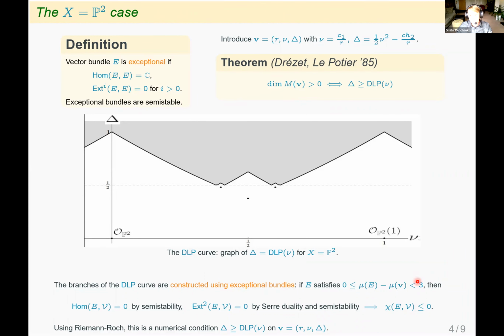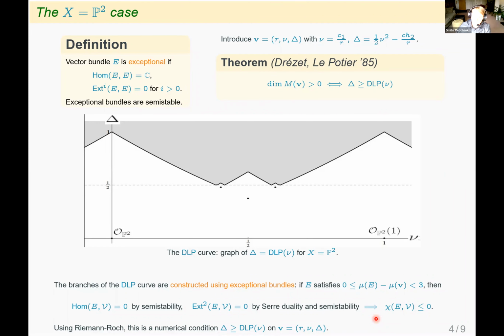This 3 here is the slope of the canonical bundle, that's why Serre duality works here. And from these two vanishings, you get that the Euler characteristic is less than or equal to 0 like this. And using Riemann-Roch, this just produces some numerical relationship between the discriminant and the total slope nu.